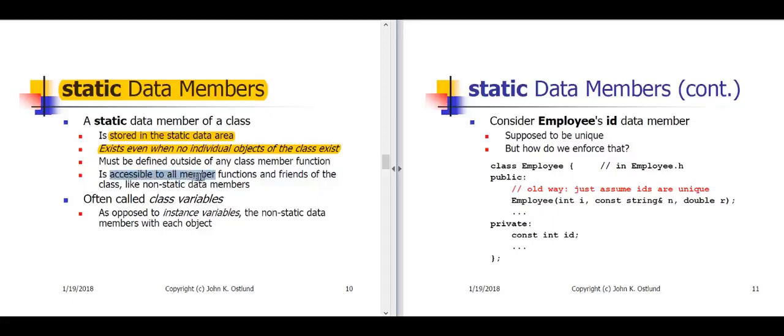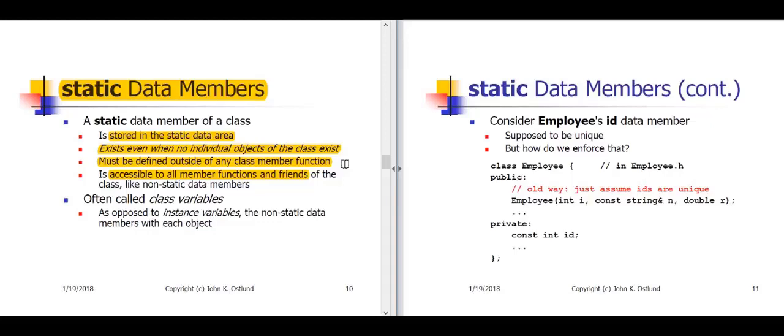The static data member is going to be accessible to any member functions and friends in the class, just like non-static data members are. Now, as a picky technical detail, you have to define a static data member outside of any of the class member functions, which you typically do in the code file for the class.